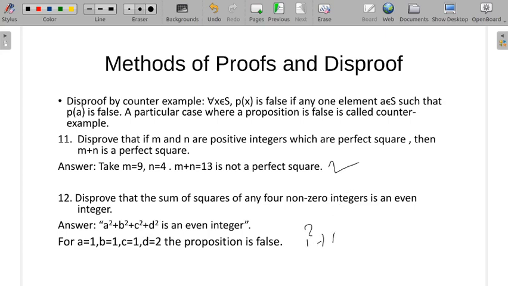So 1 square plus 1 square plus 1 square plus 2 square: 3 plus 4 is 7, and it is not an even integer. So we are giving a counter example to show that if you take four non-zero integers, square them and add them, it may not be an even integer.